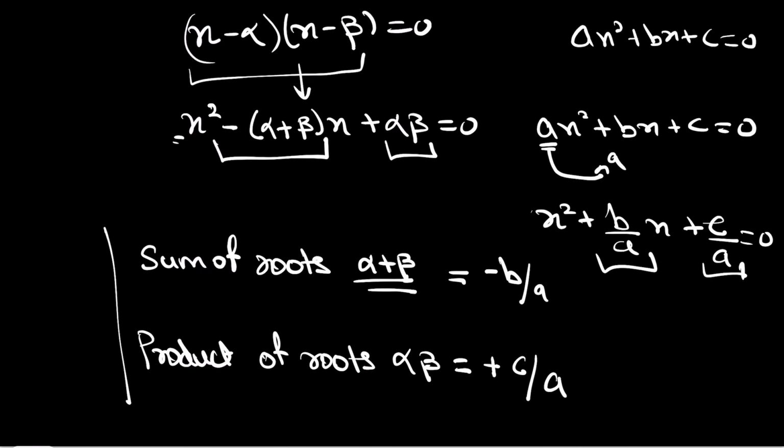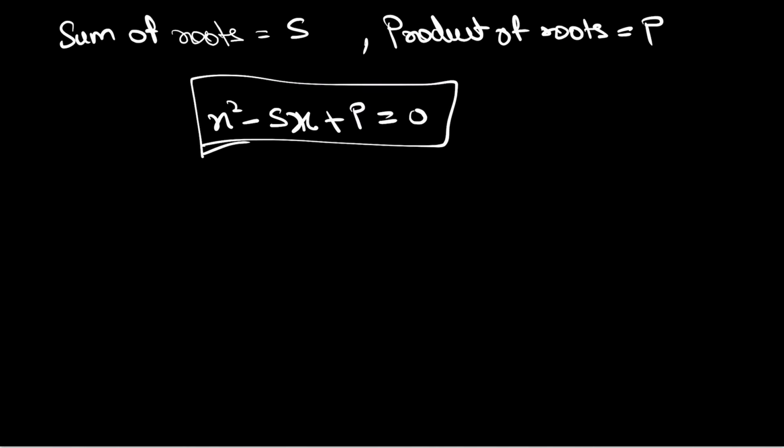This directly comes from here, right? Sum is minus b by a, so to get b by a I need to just input minus s. Hence I get x square minus sx plus p equal to 0.